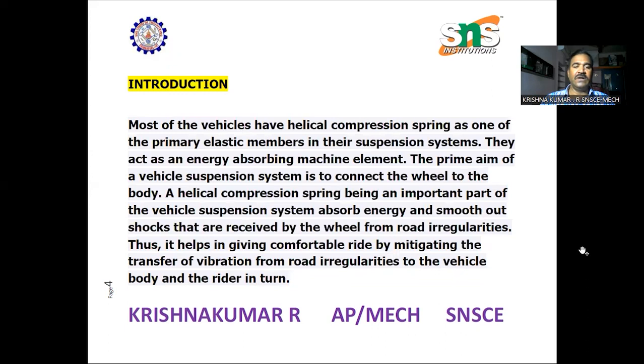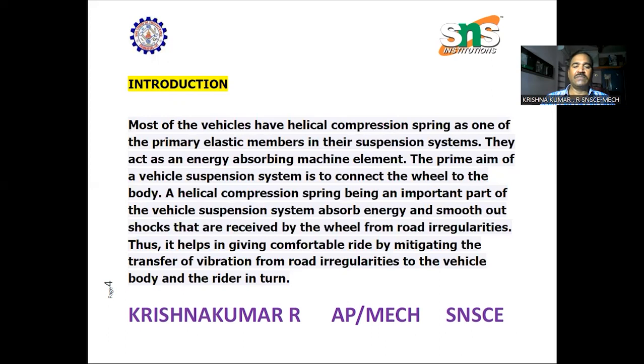Introduction: most vehicles have a helical compression spring as one of the primary elastic members in their suspension system. They act as an energy absorbing machine element. The prime aim of a vehicle suspension system is to connect the wheel to the body.